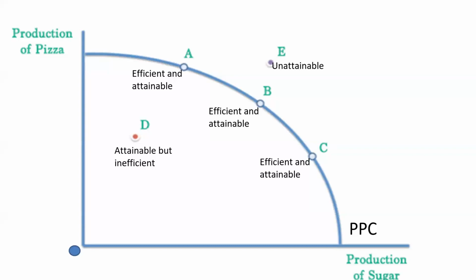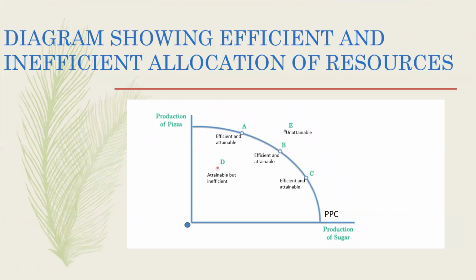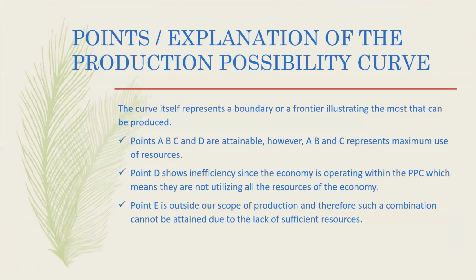So what I just said is on the next slide in pointers, where you could take a read. This production possibility curve, also called the production possibility frontier, so it can either be PPC, production possibility curve, or PPF, production possibility frontier, illustrates the most that can be produced, right?